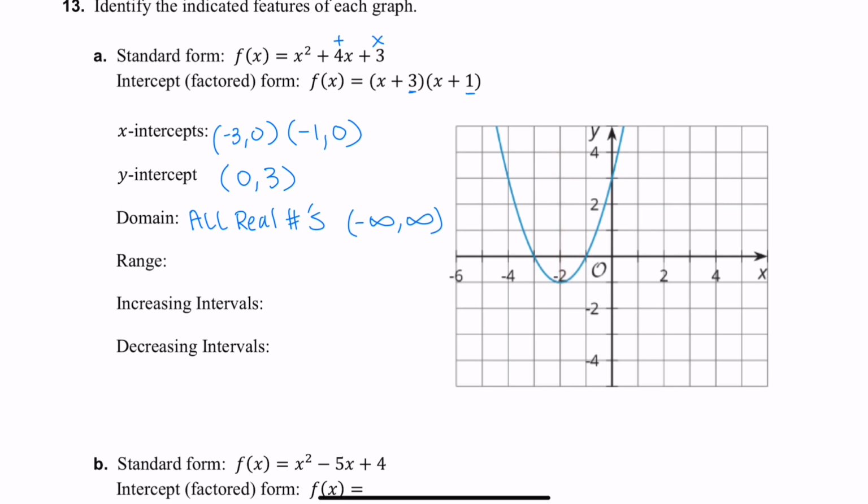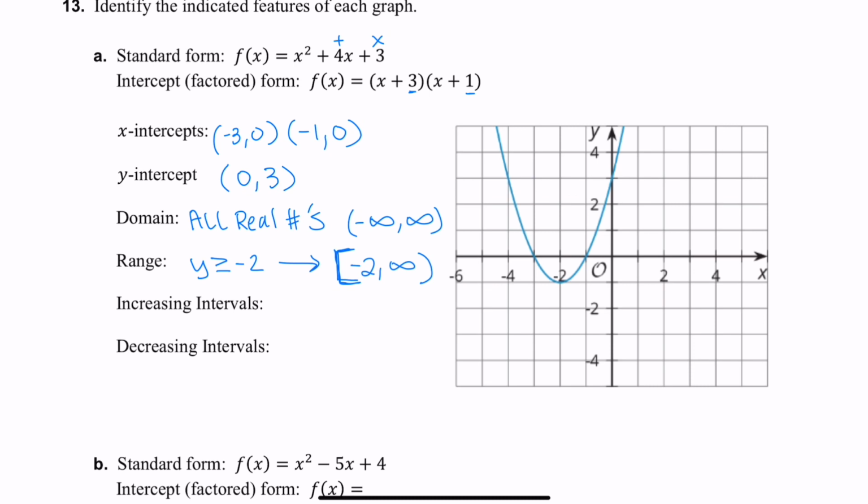So the range is going to be y is greater than or equal to negative 2. Another way of saying this is in interval notation. We're going to start at negative 2 and go to infinity. Now, negative 2 is part of the graph, so we're going to put brackets around the negative 2. And then for infinity, we're going to put a parenthesis because we never reach infinity.